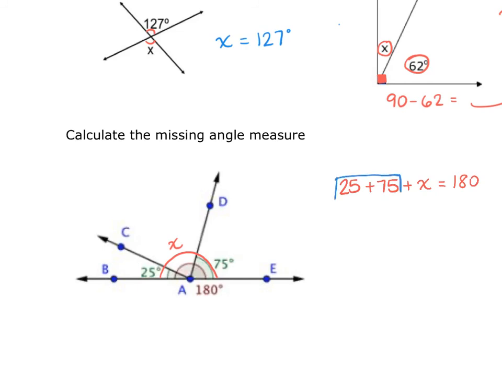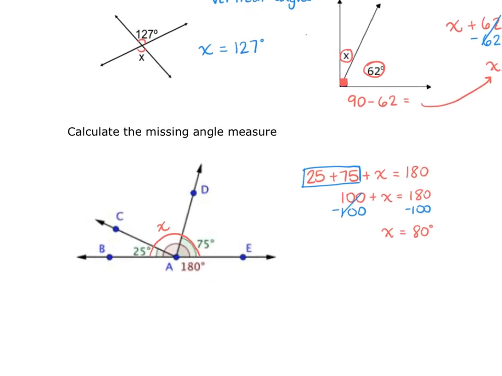Now I can just combine these two terms right here because that's 100. And I'm just going to rewrite what I have left. Undo addition with subtraction, inverse operations, and I get that x is equal to 80. So it would be 80 degrees.